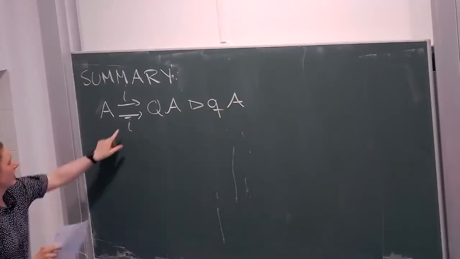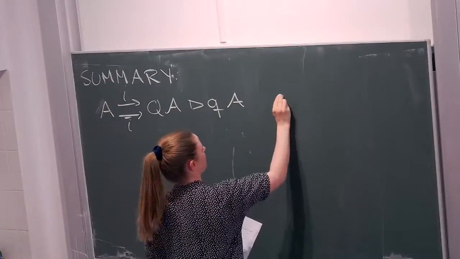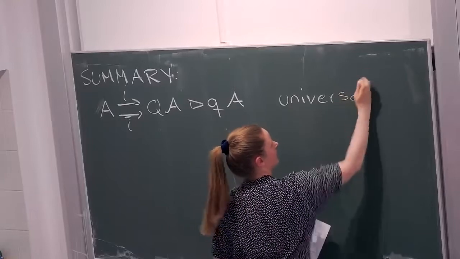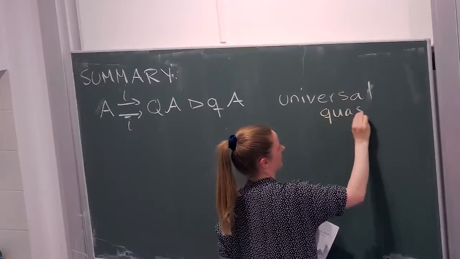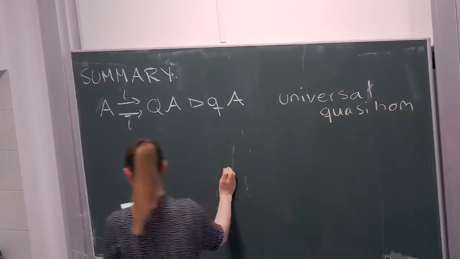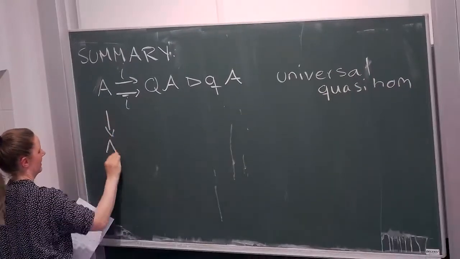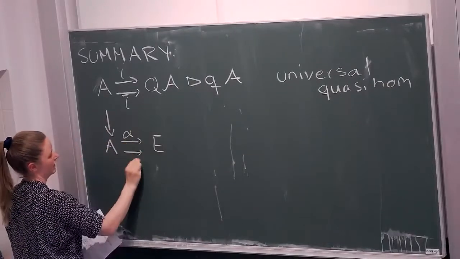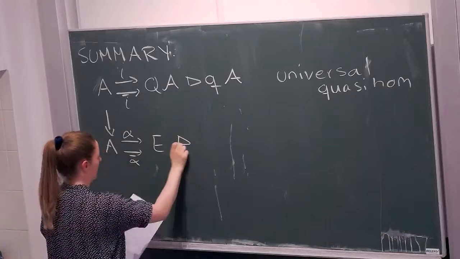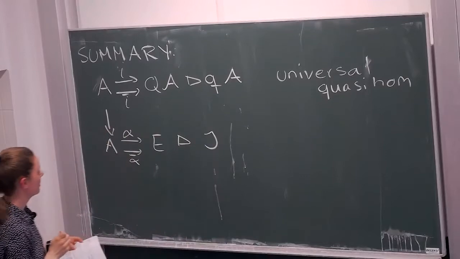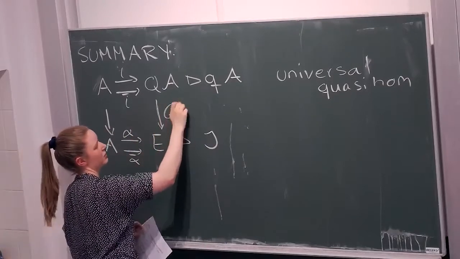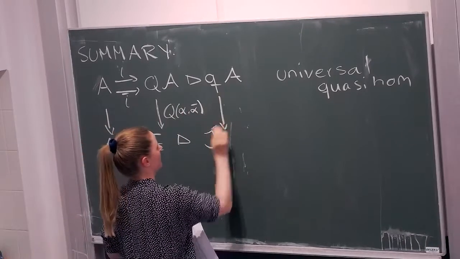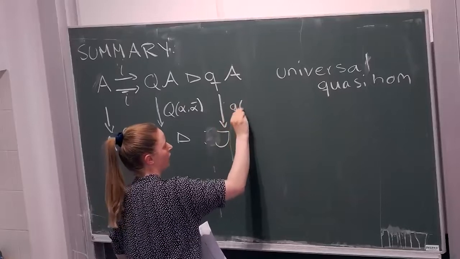This one we started with here, where we have these canonical inclusions. So this is the universal homomorphism, because if we have another one here, alpha bar, with an ideal J, then we know we have this map, big Q of alpha bar, and then we obtain this map, Q of alpha bar.